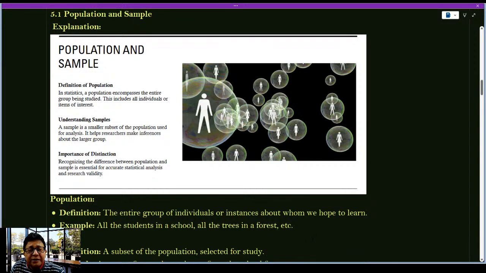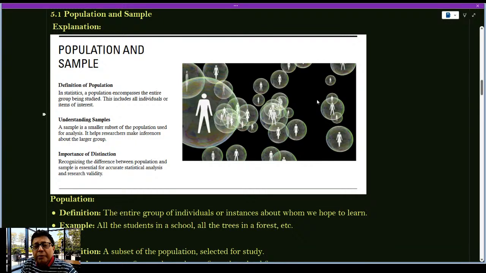Many families are there. You have selected this family only. These are the families in a village, say. Then this family is going to be the statistic. All the people in the village will make the population.